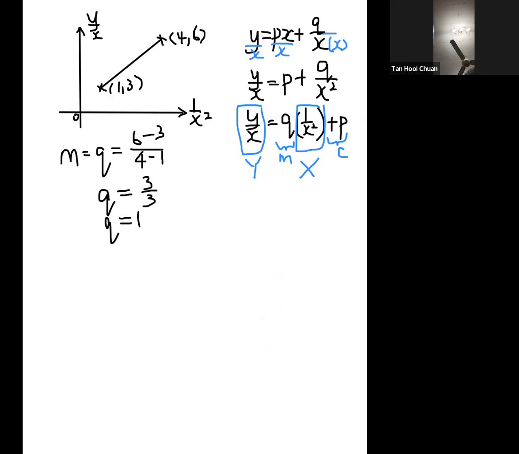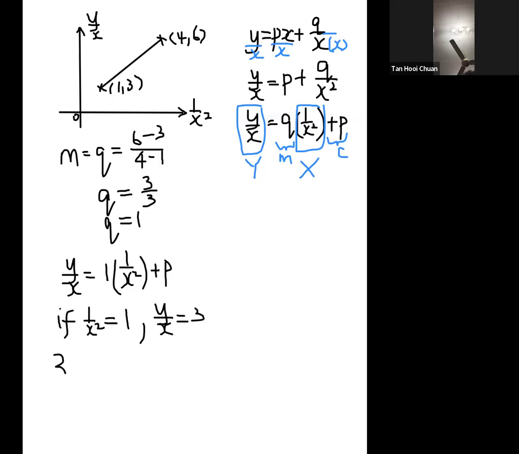How to find the P? Oh, no problem. Write down the equation again. Q is 1. Okay, if 1 over x squared equal to 1, y over x equal to 3.